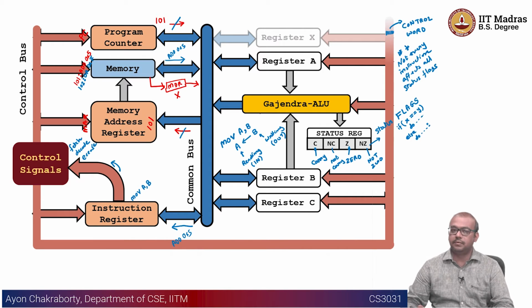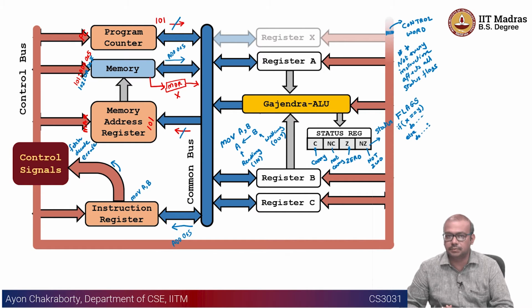If you think of this being executed in the hardware, this is typically checking whether x minus y is equal to 0 or not. This is a comparison between x and y, and if this comparison is successful, it means the z flag is being set.